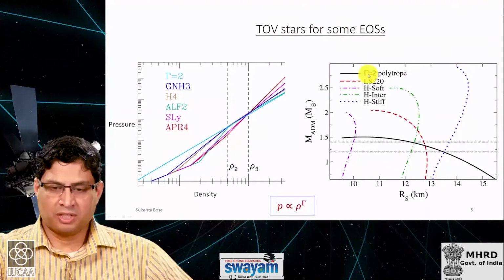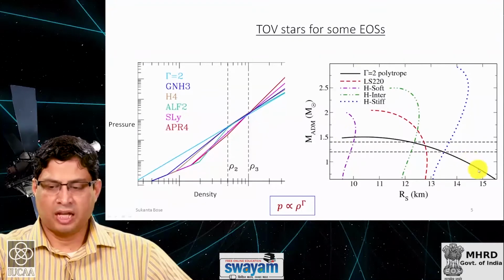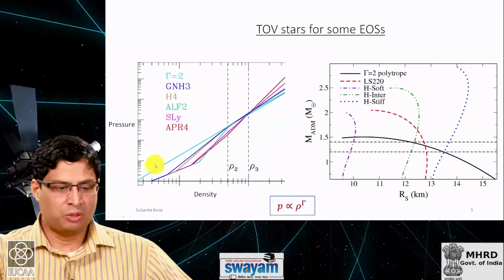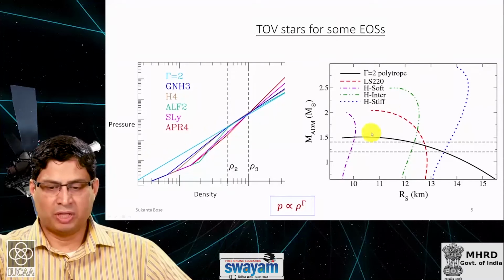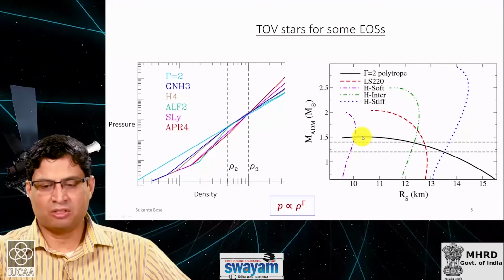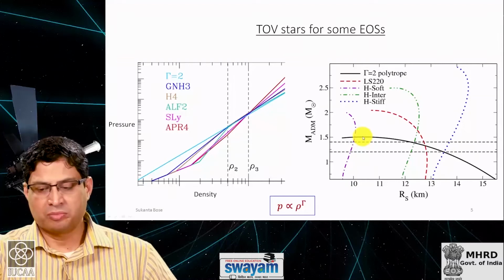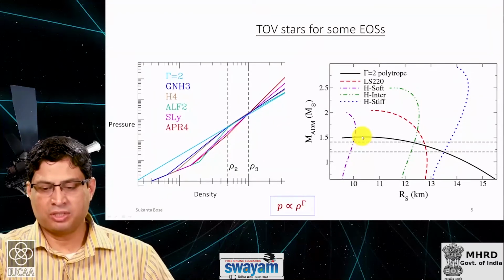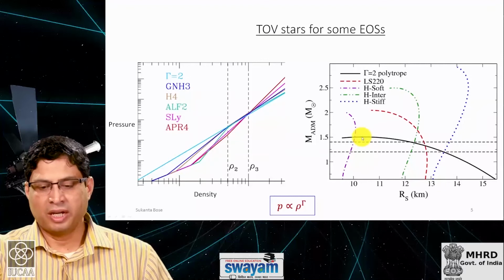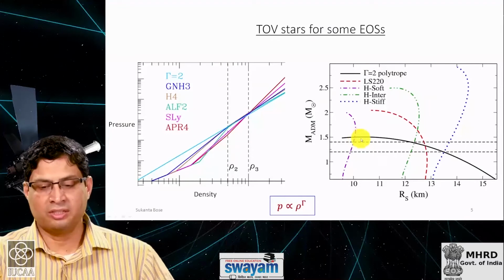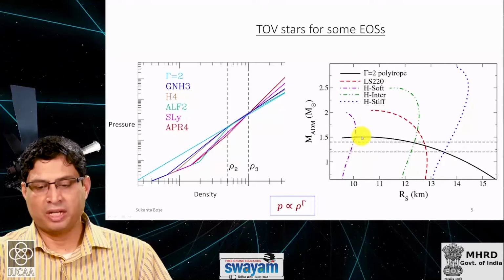But what are these different curves? Let us look at this solid black curve for the gamma equal to 2 polytrope, right. This is what you get by using this gamma equal to 2, this cyan equation of state. If you choose a specific central density and then integrate the TOV equation and the other accompanying equations forward in the radius, you will build up a star with a mass, in this case of 1.5 solar mass, with a radius of something like 10.2 kilometers.